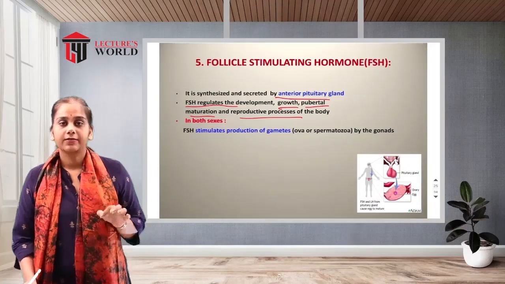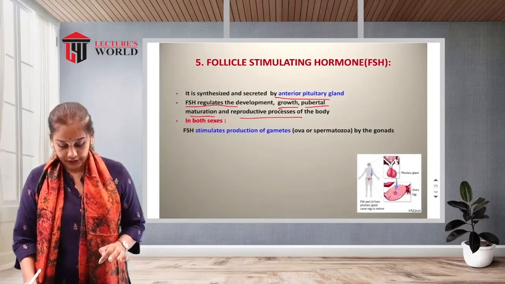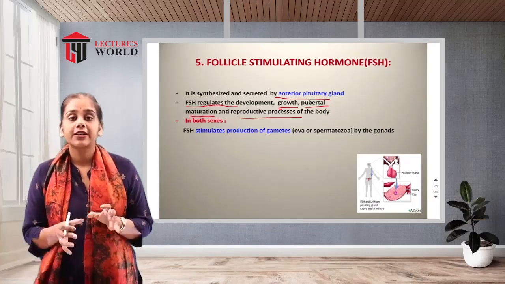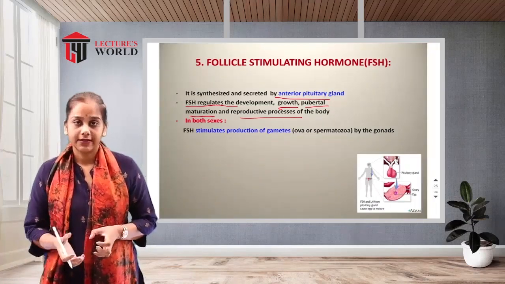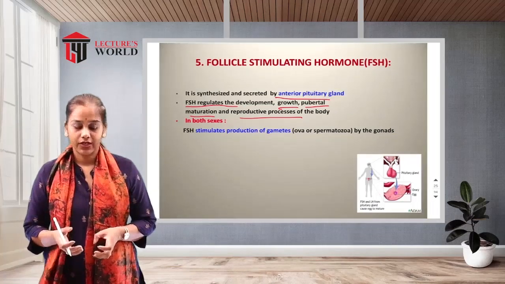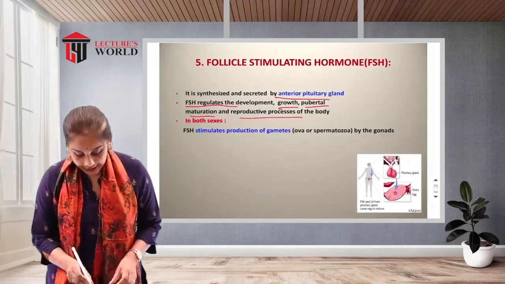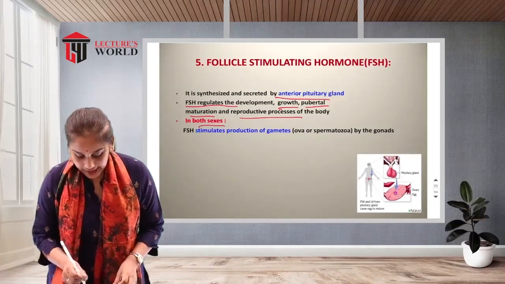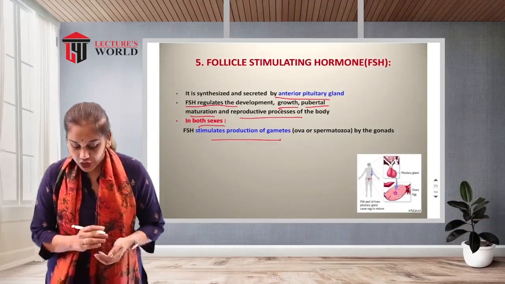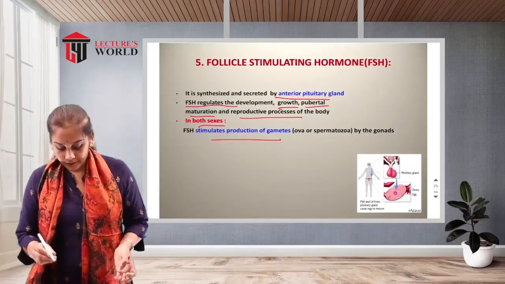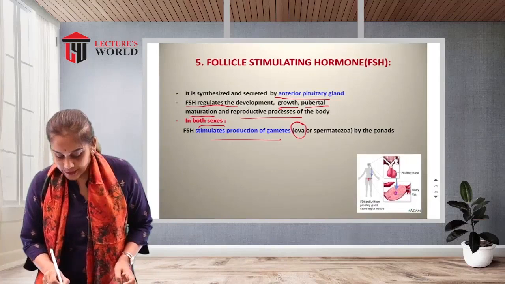It is very important during adolescence. In both sexes, male and female, FSH stimulates the production of the gametes. What are gametes? They are known as the ova and spermatozoa.